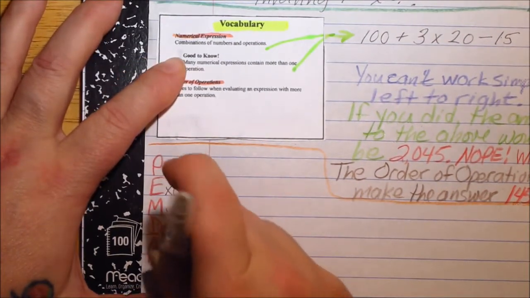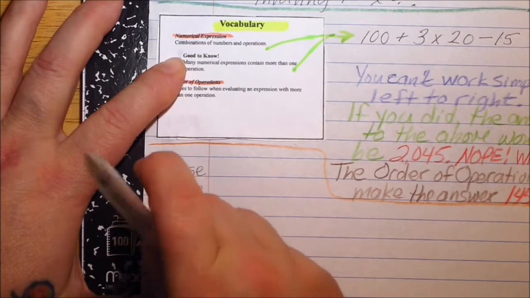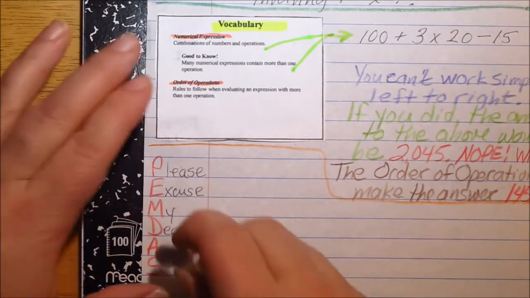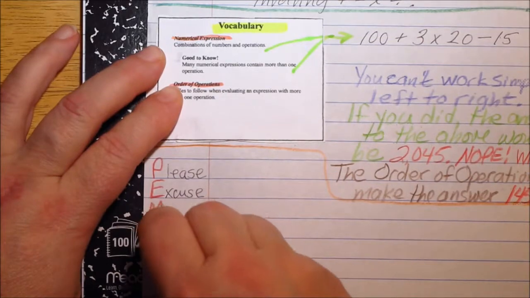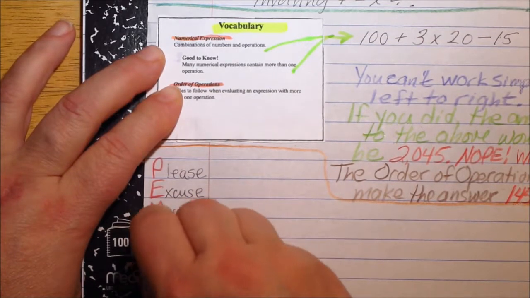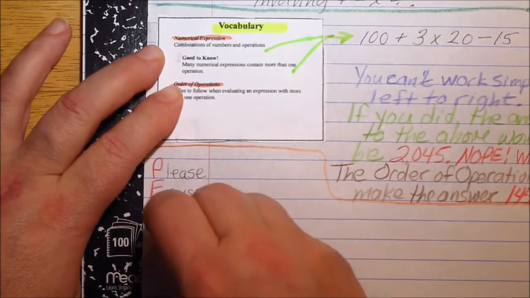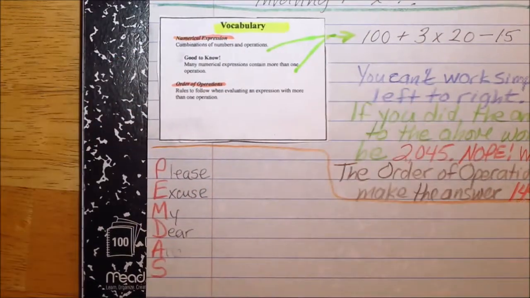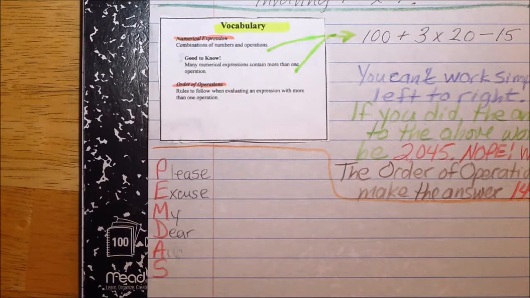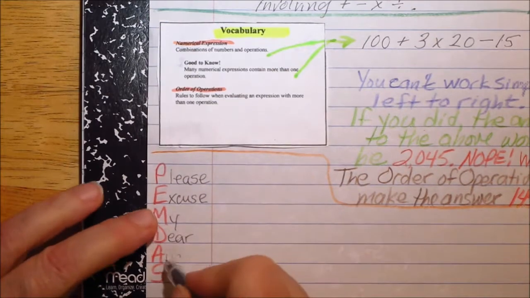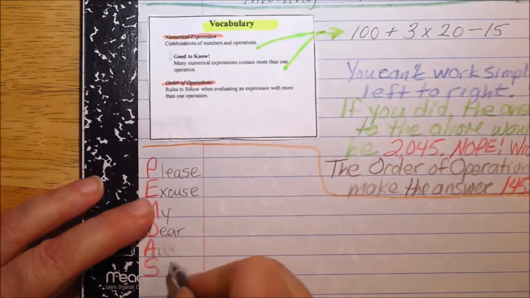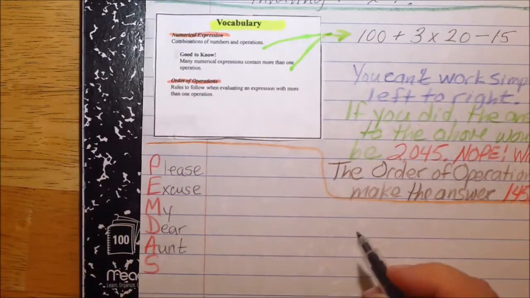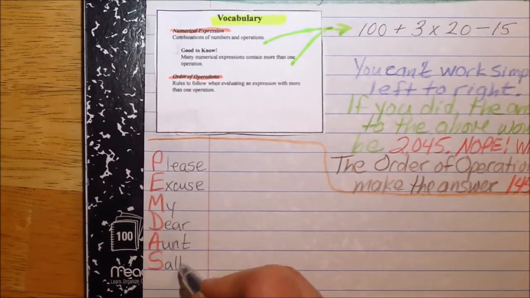This is where my erasable pen really comes in handy. Some of you know I started out using a regular pencil on these videos, but graphite has such a shine to it that it would be really hard to read. But this erasable pen I found does a pretty darn good job. Okay, so A-U-N-T, there we go. Please excuse my dear Aunt Sally.